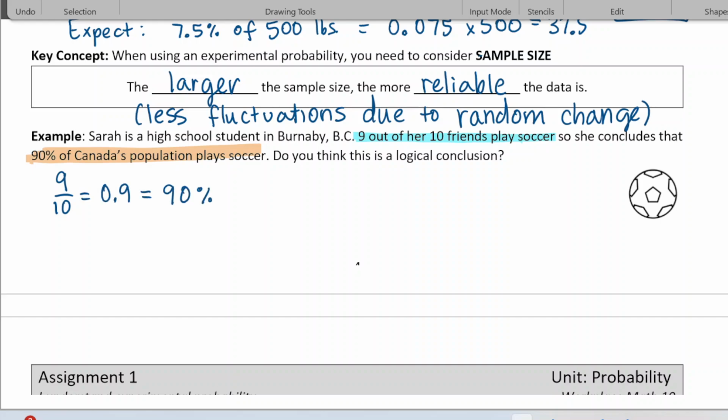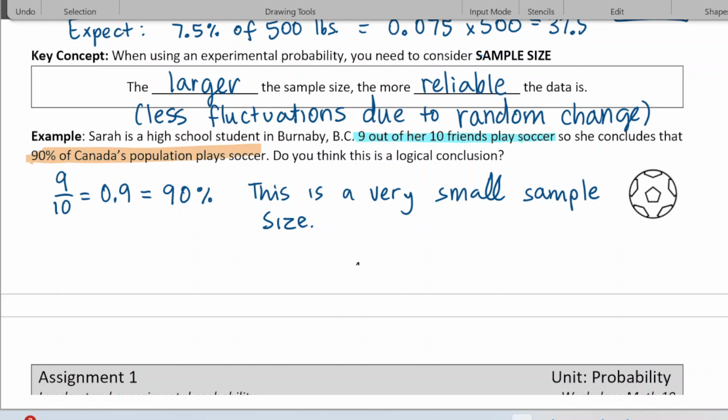But this is a very small sample size. Only 10 people compared to about 40 million people in Canada. Very small sample size. That means very small data set. So the data is probably not reliable.